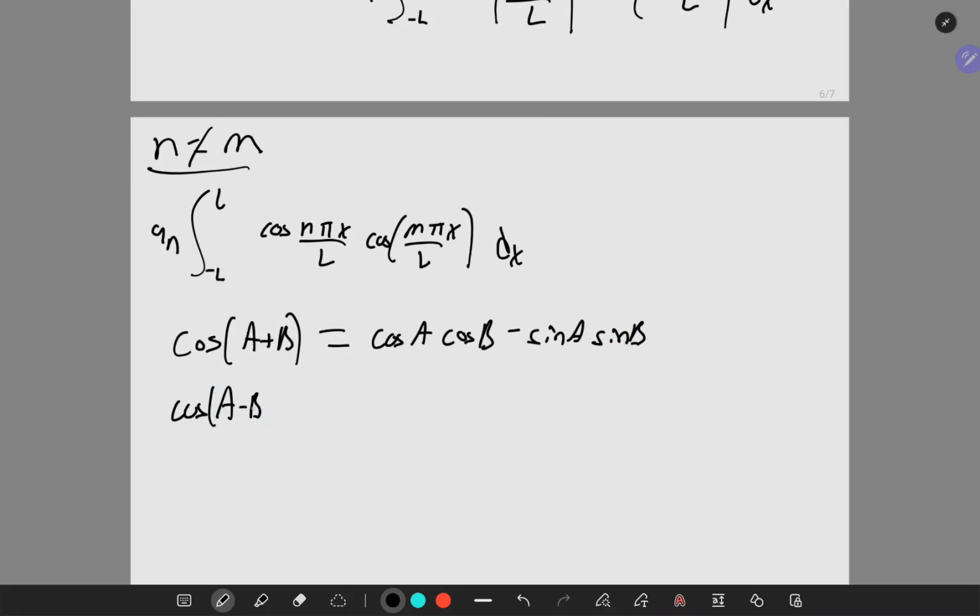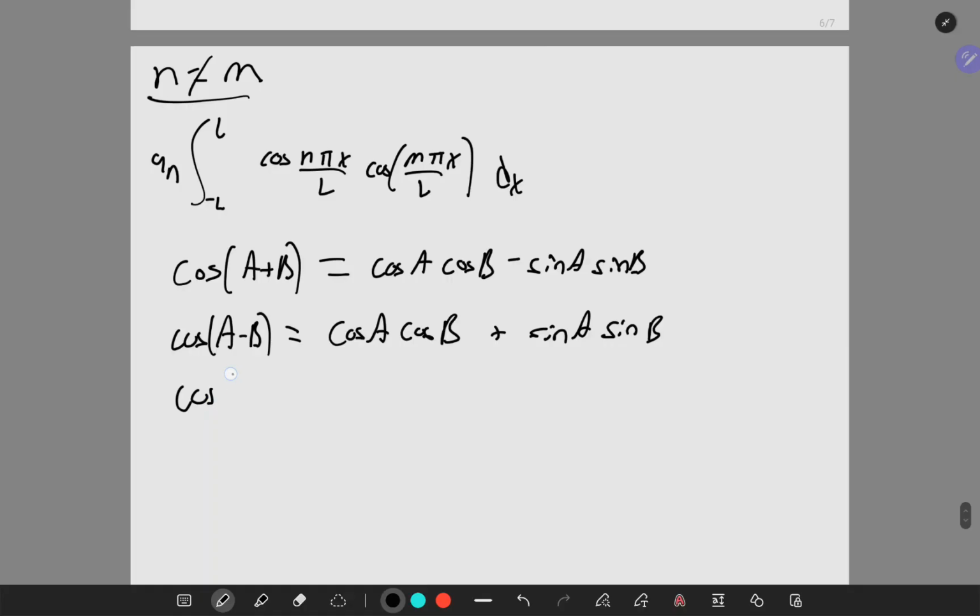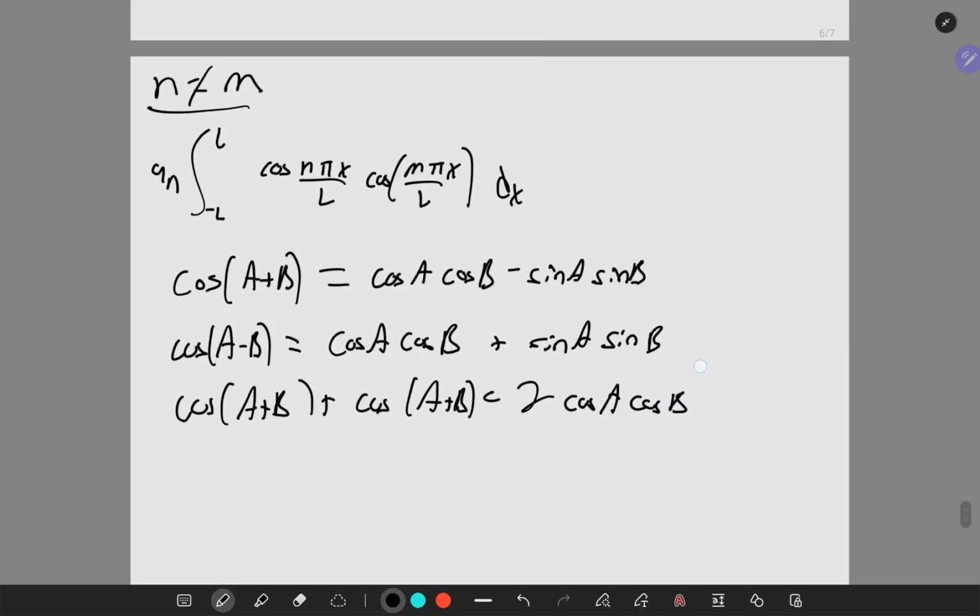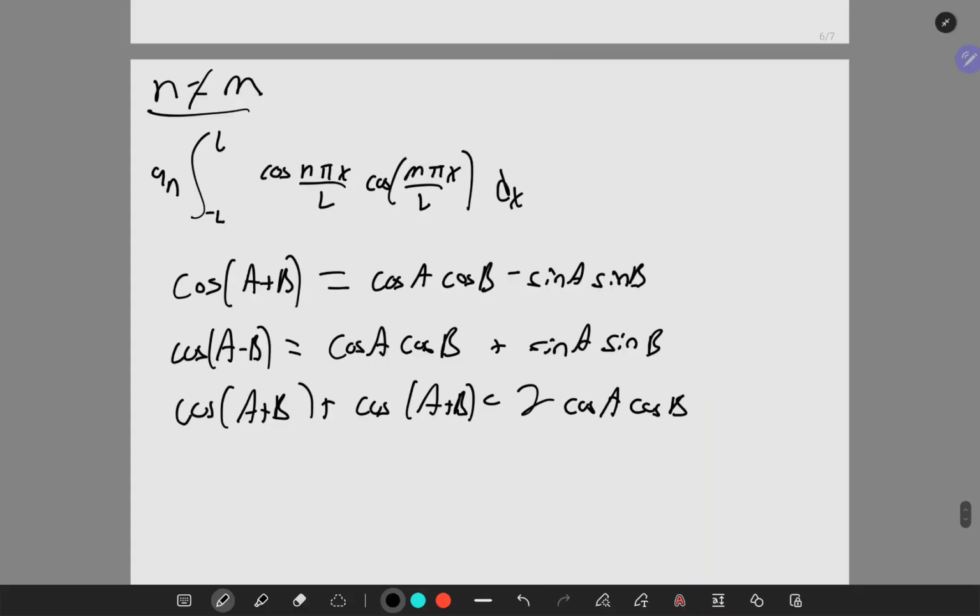Cosine of a minus b is equal to cosine a cosine b plus sine a sine b. If you add them together, you get 2 cosine a cosine b.